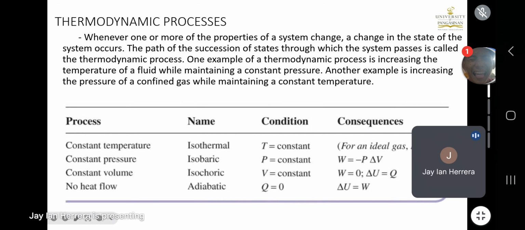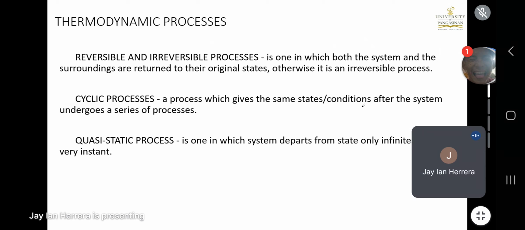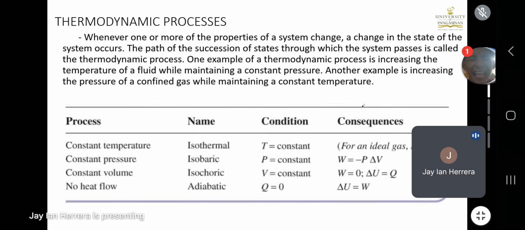So in your module, there are 4 processes given. We have isothermal, isobaric, isochoric, which we use more often as isometric. Isometric, it's in the next pages anyway. And then adiabatic or isentropic.